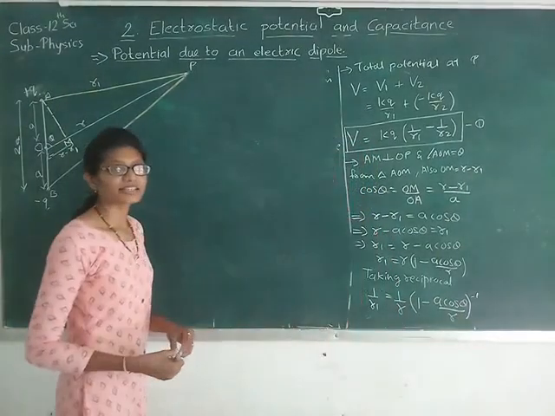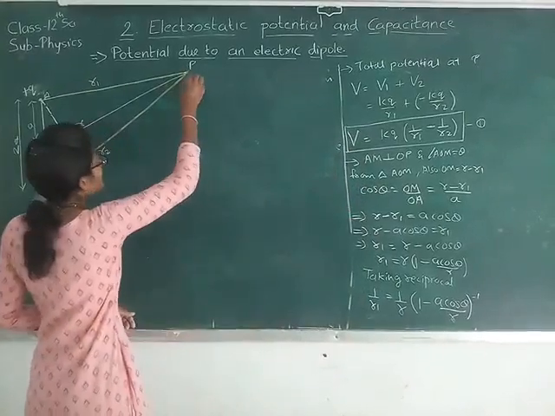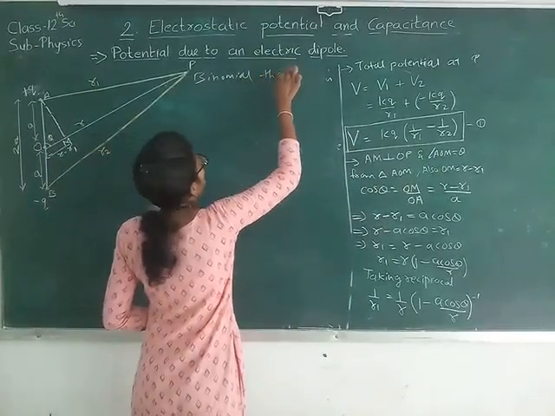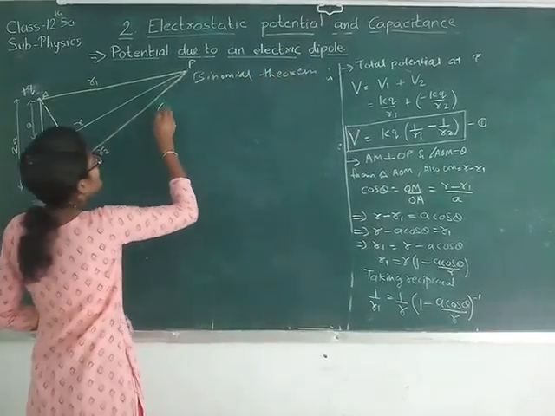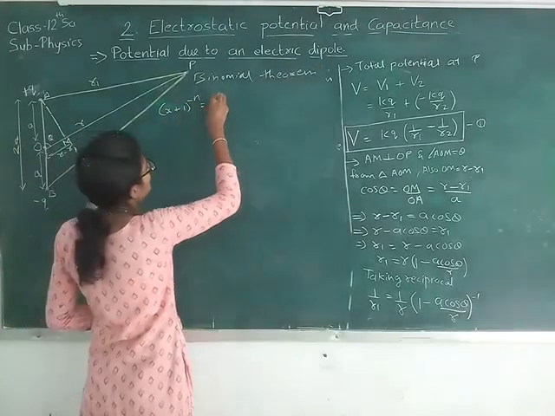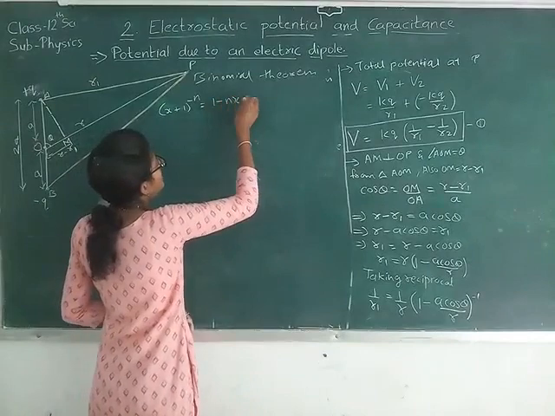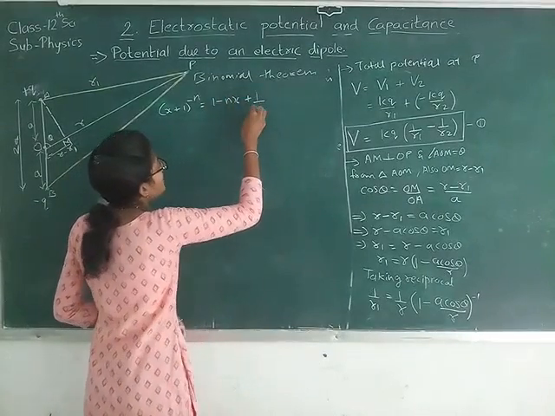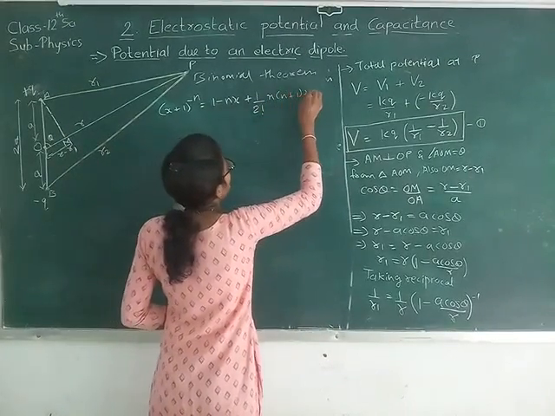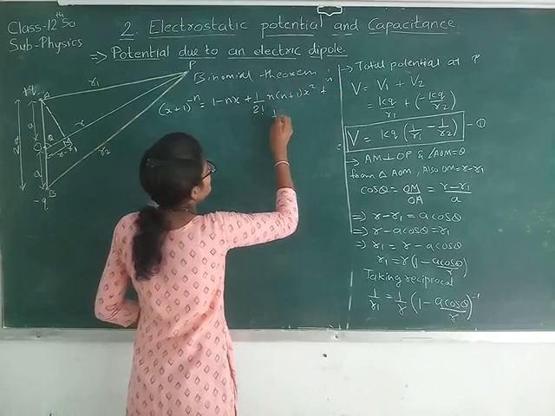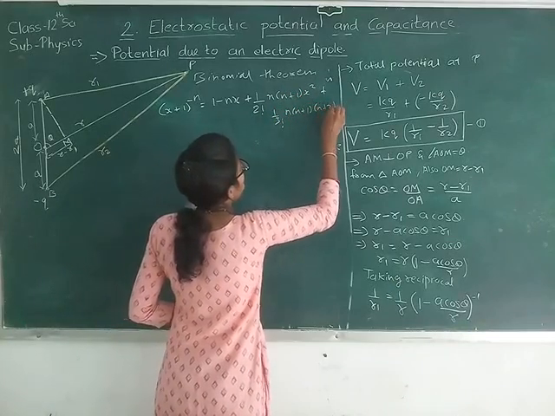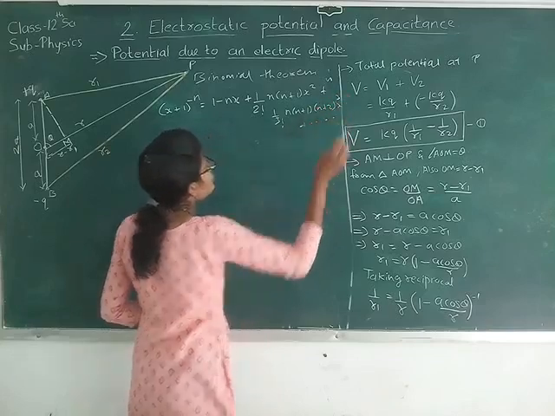So first of all, let us write the general formula for the binomial theorem, that is (1 plus x) raised to minus n is equal to 1 minus nx plus 1 by 2 factorial n into (n plus 1) x square plus 1 by 3 factorial n into (n plus 1) into (n plus 2) x cube, and so on.